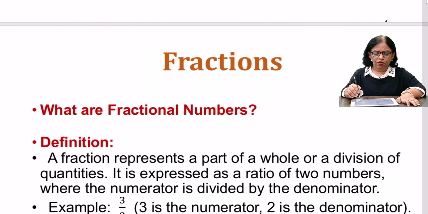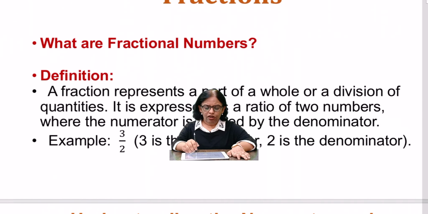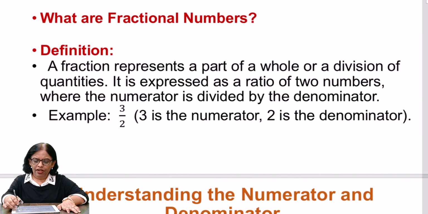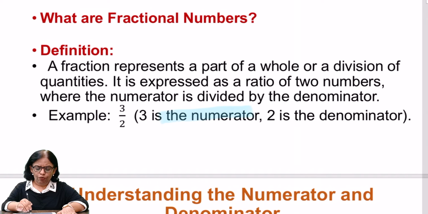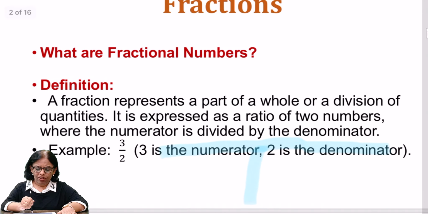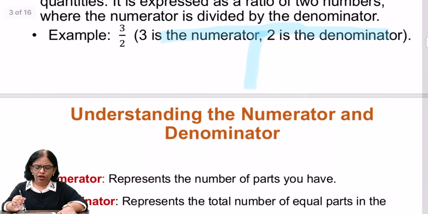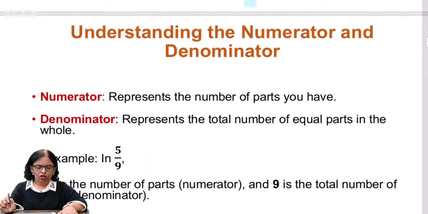A fraction represents a part of a whole or a division of quantity. It is expressed as the ratio of two numbers where the numerator is divided, so in 3/2, 3 is your numerator and 2 is your denominator. Just now I explained 5/9.